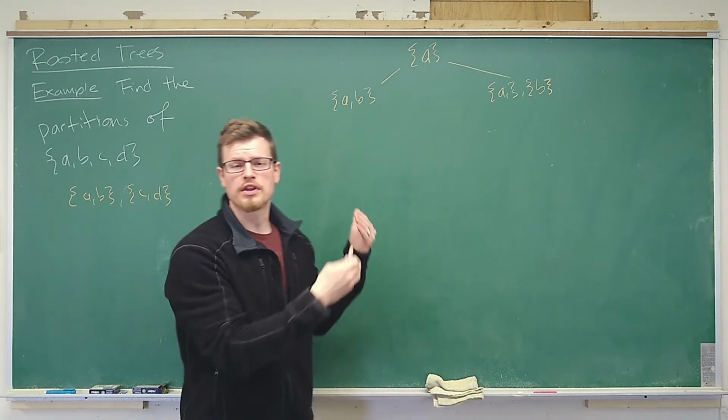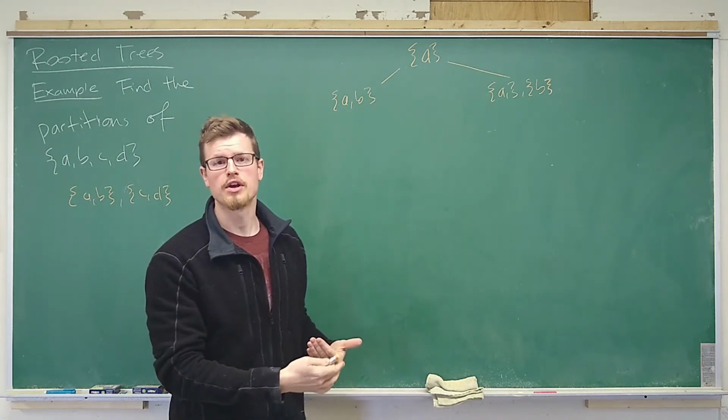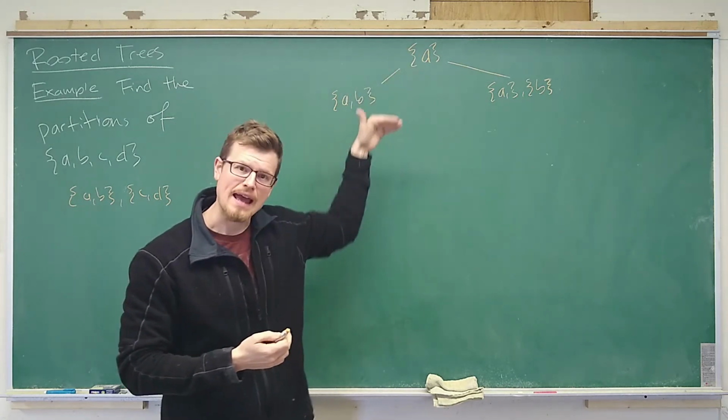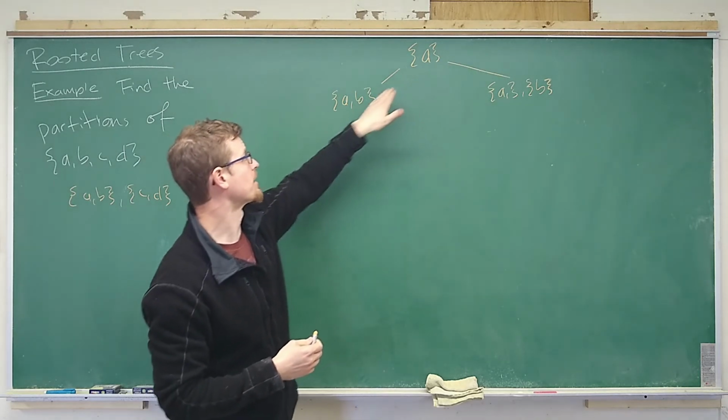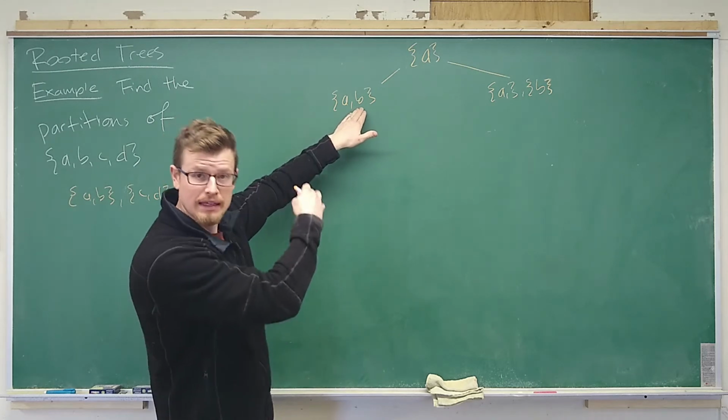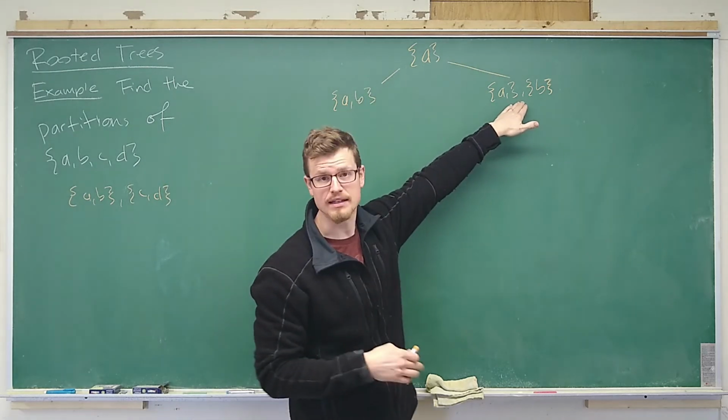Okay, so when we're thinking of constructing a rooted tree, we're thinking of it as, how can I add B to the sets that I already have? I can either add B to that set inside the set, or I can add the set containing just B.